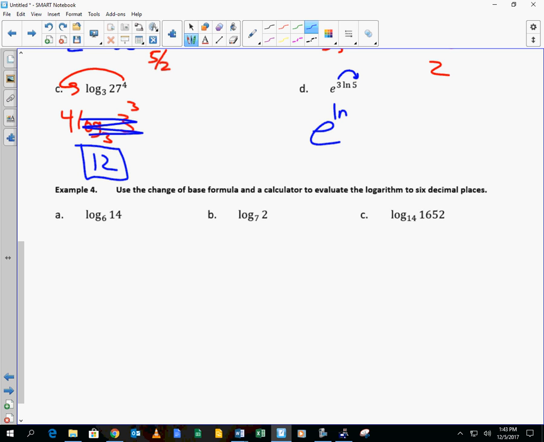It's exactly what we did on the other side. Isn't that e to the natural log of 5 to the third? What happens to e to the natural log? And I'm left with 5 to the third, which is?